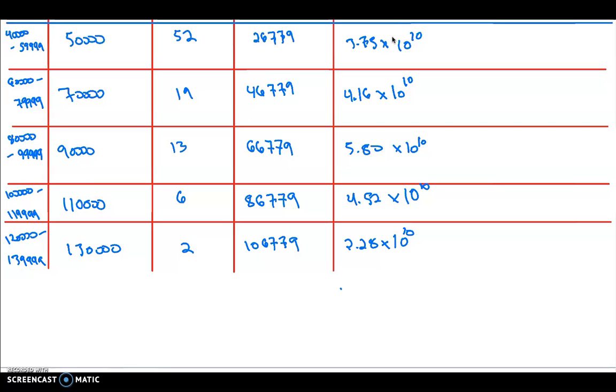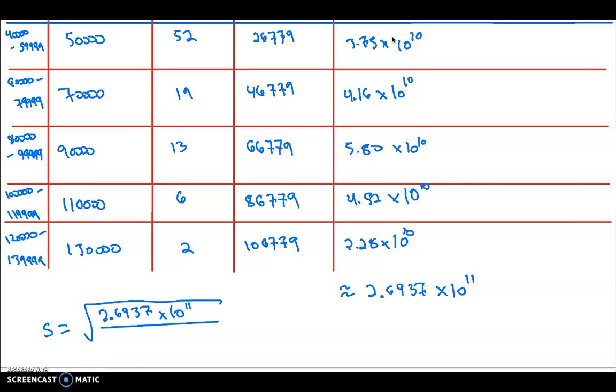So when you add all of this up, this is approximately 2.6937 times 10 to the 11th power. That's our deviation squared times the frequency. So then our standard deviation is the square root of that grisly thing, 2.6937 times 10 to the 11th, divided by our total frequency.